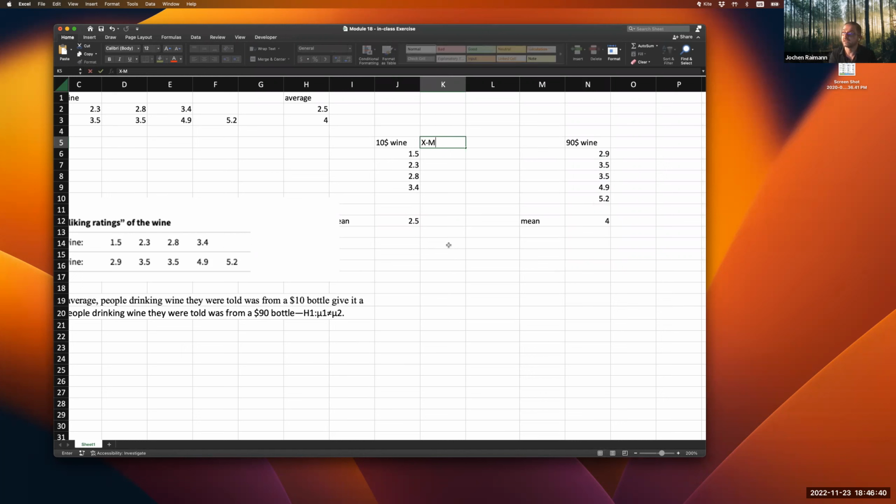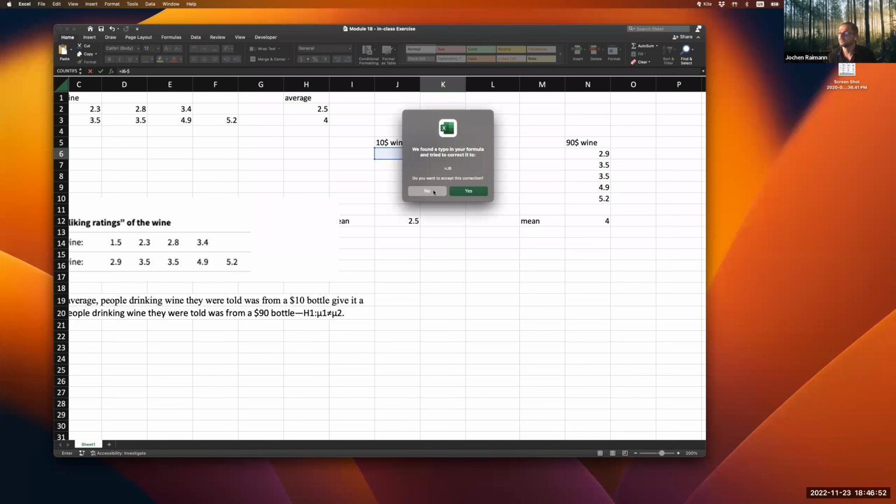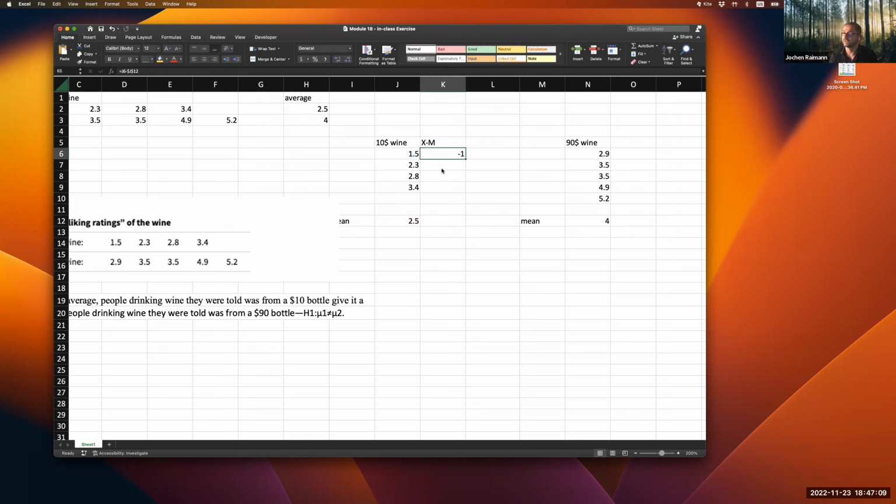We know x minus m will give us the deviations. So x is here 1.5 minus the $J$12, which will get us the difference from the mean, locked in with the dollar sign.